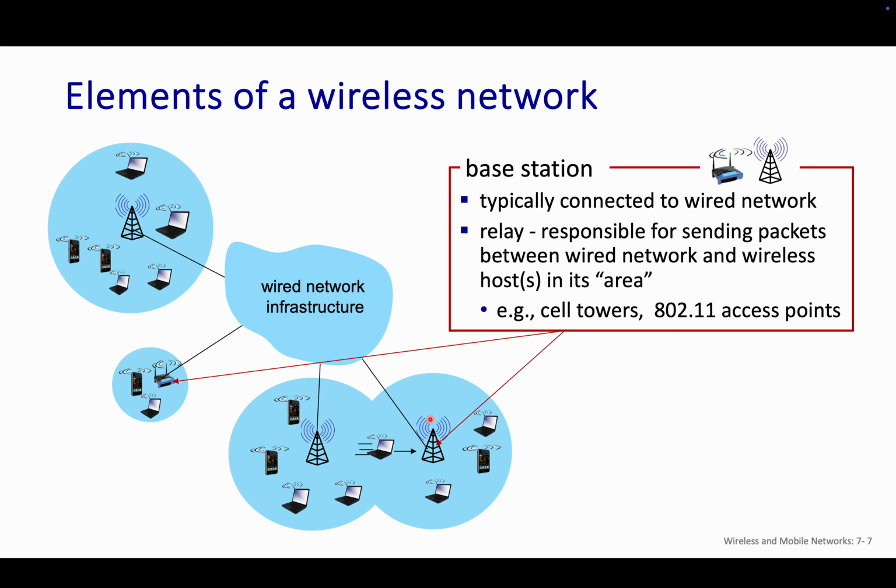How is this wireless information relayed? It's through a base station. That's the general term for the central point of coordination that converts from a wireless link to a wired link. Every protocol has their own terminology for this. Base station is just the more general term. Wi-Fi, they call them access points.